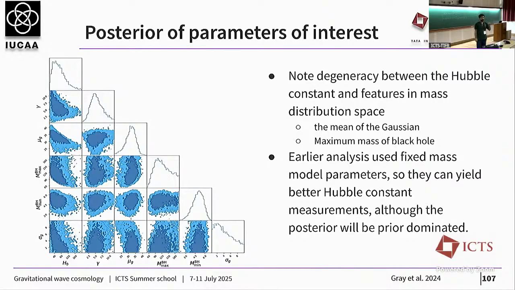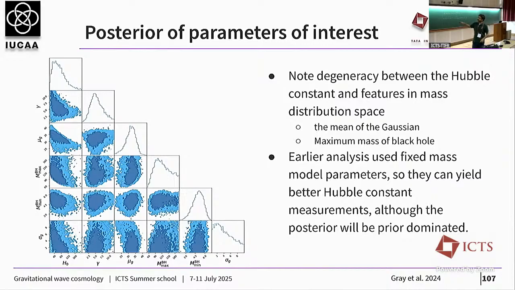They don't tell you exactly the posterior, but they will give you samples from the posterior, and these samples are what are plotted in these corner plots. So you are plotting H naught versus say sigma g, H naught versus m g min, H naught versus this m max, H naught versus mu g, and so on, and then all parameters against each other. You take those samples and then you draw these posterior distributions.